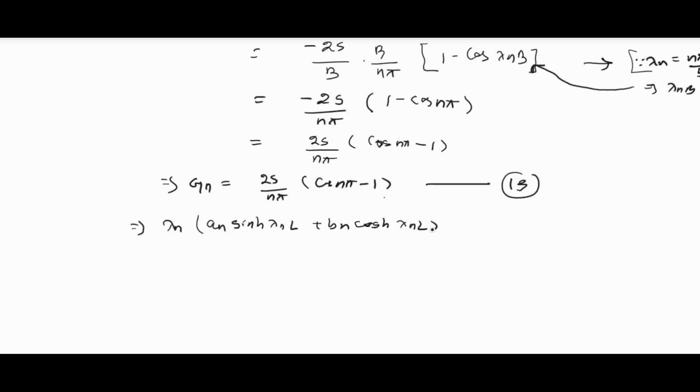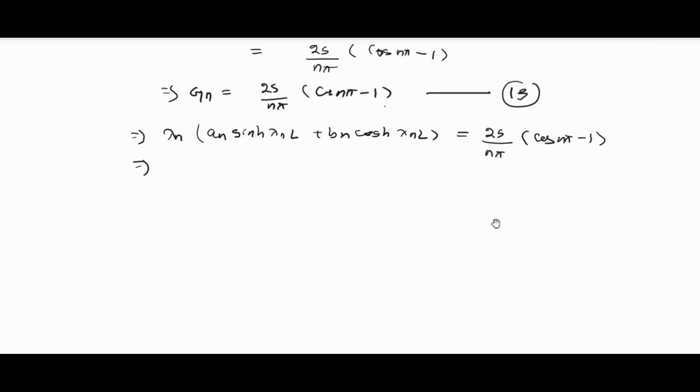This is equal to 2s by n pi into cos n pi minus 1. The value of gn is this one.